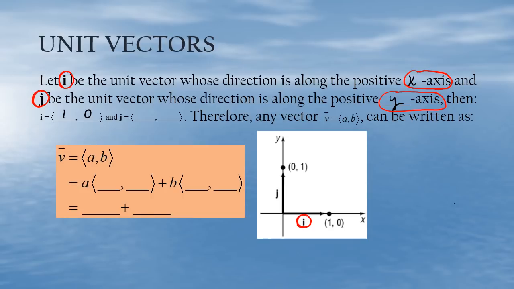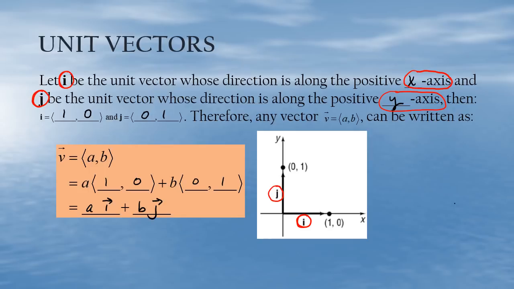And then of course we've got vector j, which is not moving along the x-axis, it's only moving along the y-axis. So in component form we would say that that is (0, 1). Therefore any vector which we can write in the form of components a and b can be rewritten as vector v is equal to (a, b), which is equal to a times the unit vector (1, 0) plus b times (0, 1), and we can call this ai plus bj.